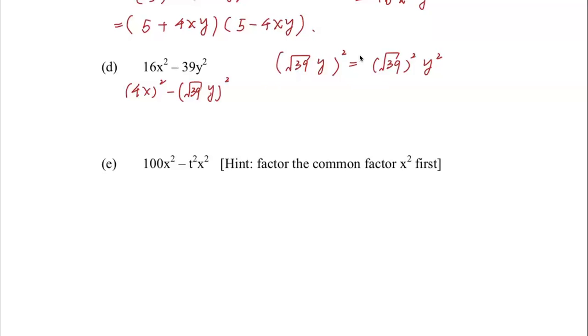And we know that square root of 39 squared is equal to 39, and y squared is y squared, right? So they're equal. So we can write 39y squared as square root of 39y, squared. So we can still use the formula. This is equal to 4x plus square root of 39y times 4x minus square root of 39y.